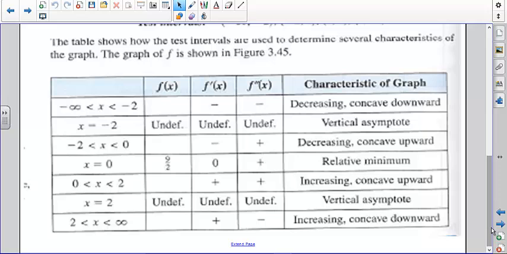We have another vertical asymptote. This is where it's increasing. And the second derivative says it's concave down, vertical asymptote, concave up, concave down. So we can use all that information plus the things that we hadn't done yet. Let's go back to do that.